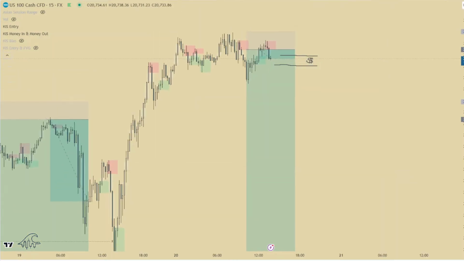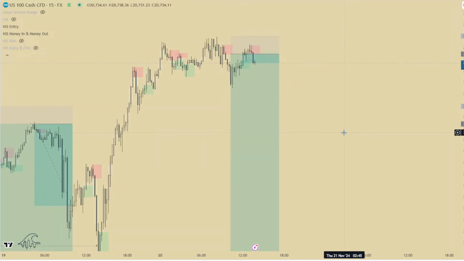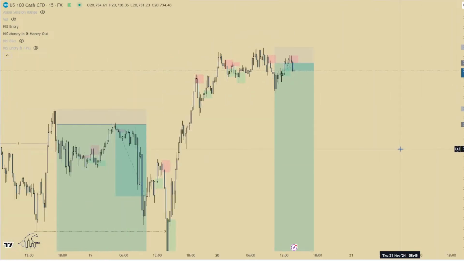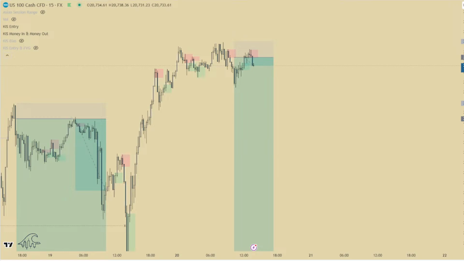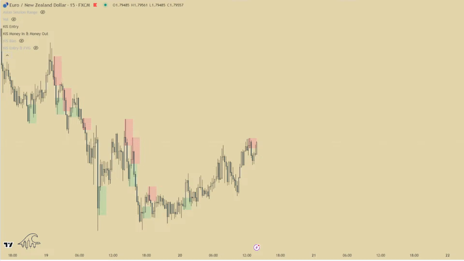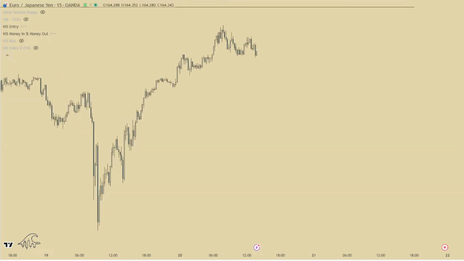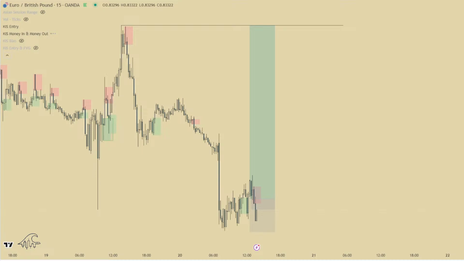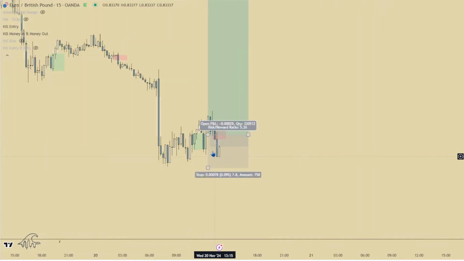So did anyone follow this Naz idea? Euro again coming down into these lows. If it takes us out, it takes us out.